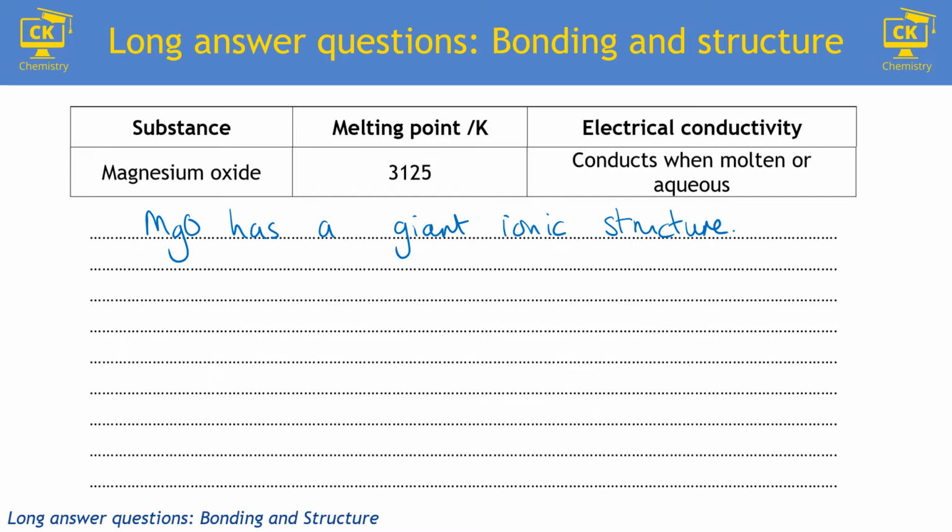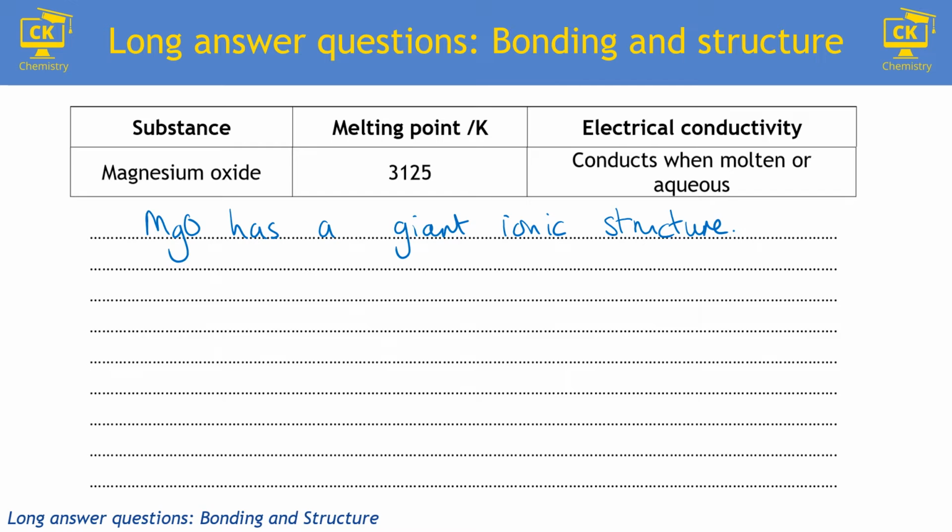Because it's a lattice, we're going to use the same kind of explanation for melting point that we did for magnesium. We're going to identify what those attractions are, those forces of attractions within the structure. So we're going to describe ionic bonding. Notice that we didn't do that for oxygen because there was no point describing the covalent bonding because it wasn't relevant to the melting point.